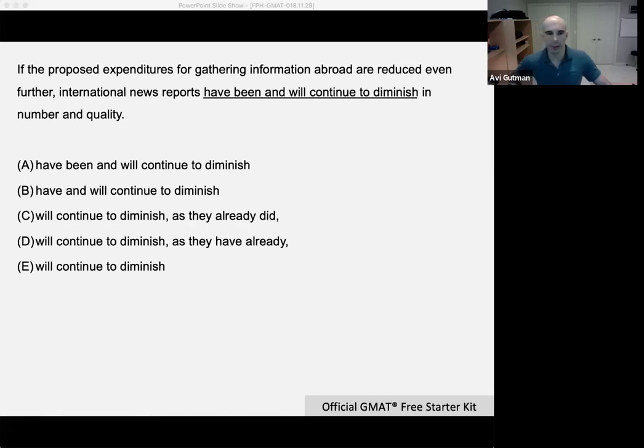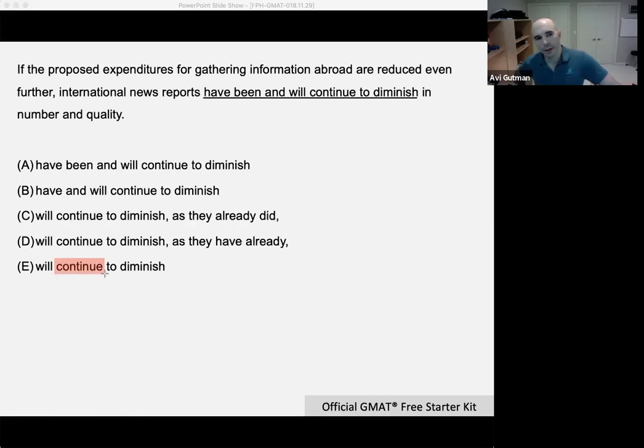Good. Well done. We have redundancy. The word continue is a very important word. What does that word imply? Good.